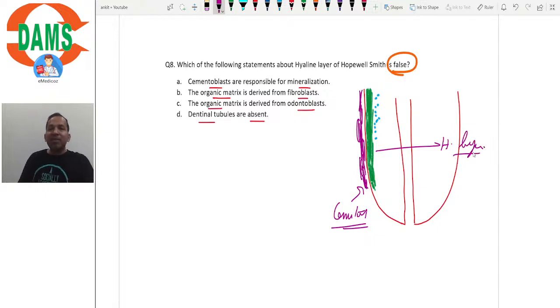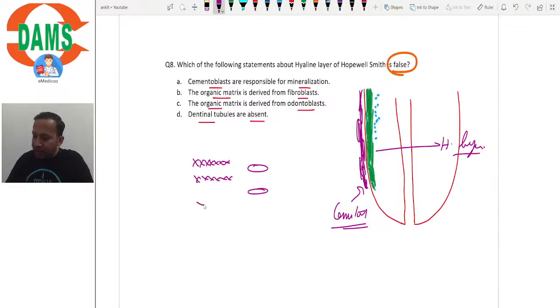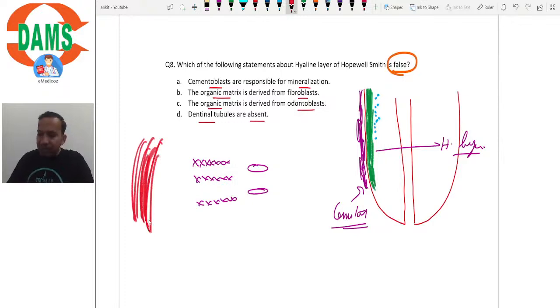So the options are cementoblasts are responsible for mineralization and organic matrix is derived from fibroblasts. The thing is, odontoblasts form the organic matrix during initial dentinogenesis. But what will happen? The collagen fibers surrounding the tooth, what do we call them?